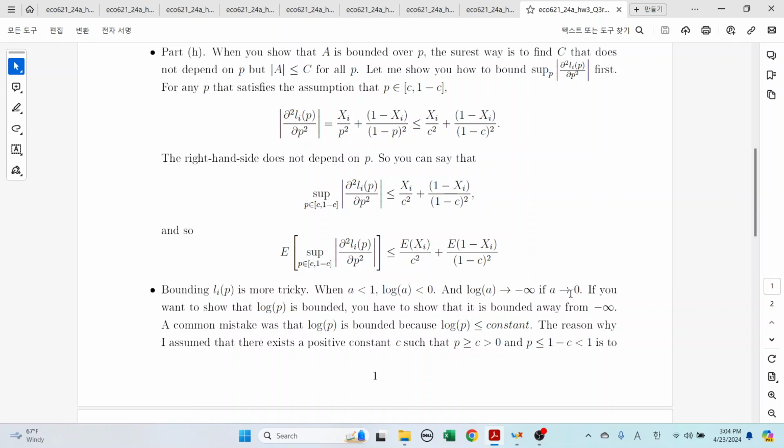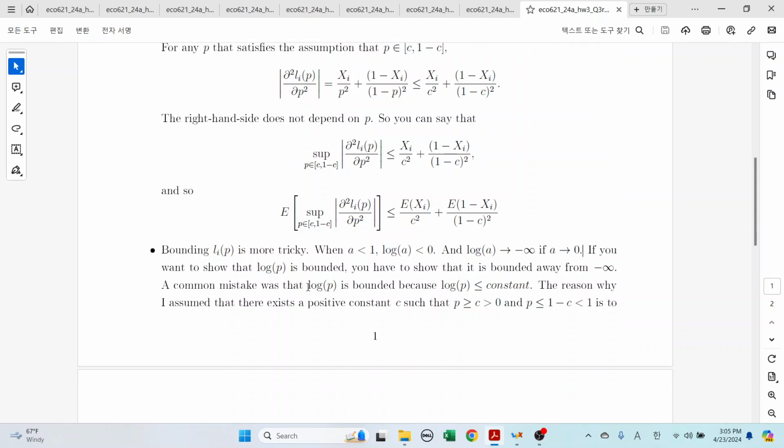So what you have to worry about is, if log of a is not bounded, then that's because it goes to minus infinity, not to positive infinity. So you have to show that it is bounded from minus infinity, because the upside is obviously bounded by zero, right? So the upside is clearly bounded. The problem is the downside. The downside should be bounded.